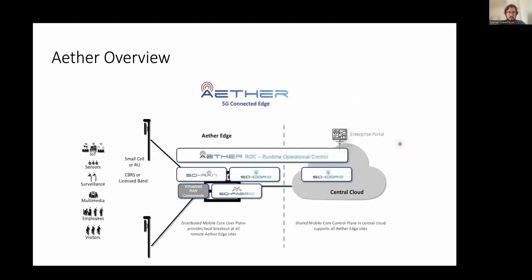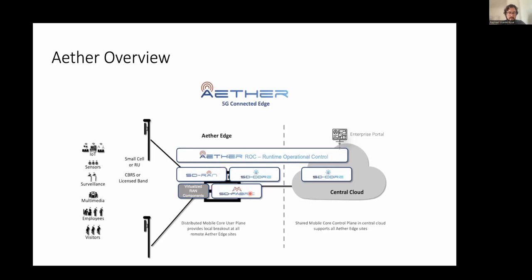To put it in context of the other projects, the overview is more similar to this. You have the applications, and the connectivity being provided by the network itself, operationalized possibly by the SD-RAN project, where you have the control of the O-RAN elements at the edge of the network.